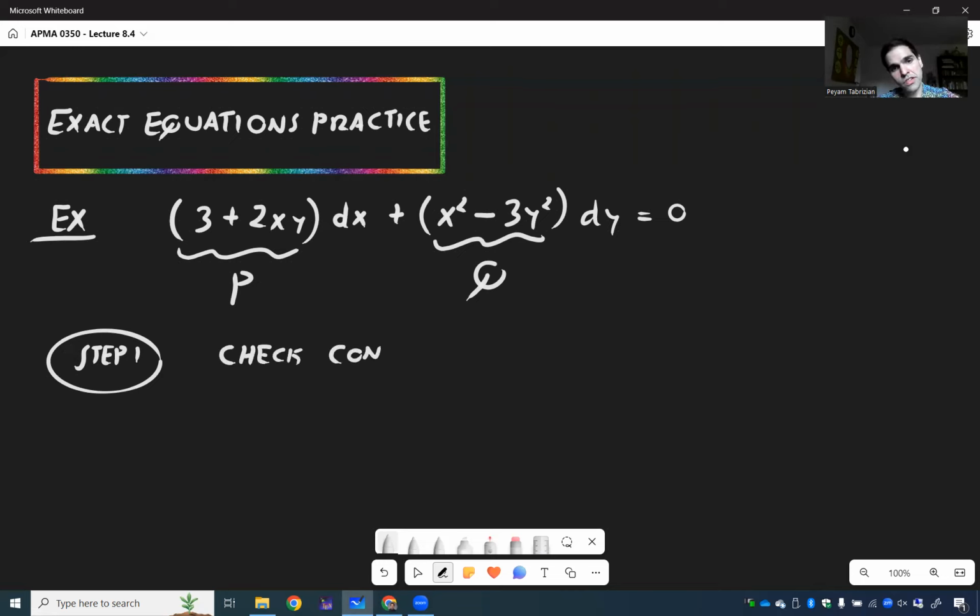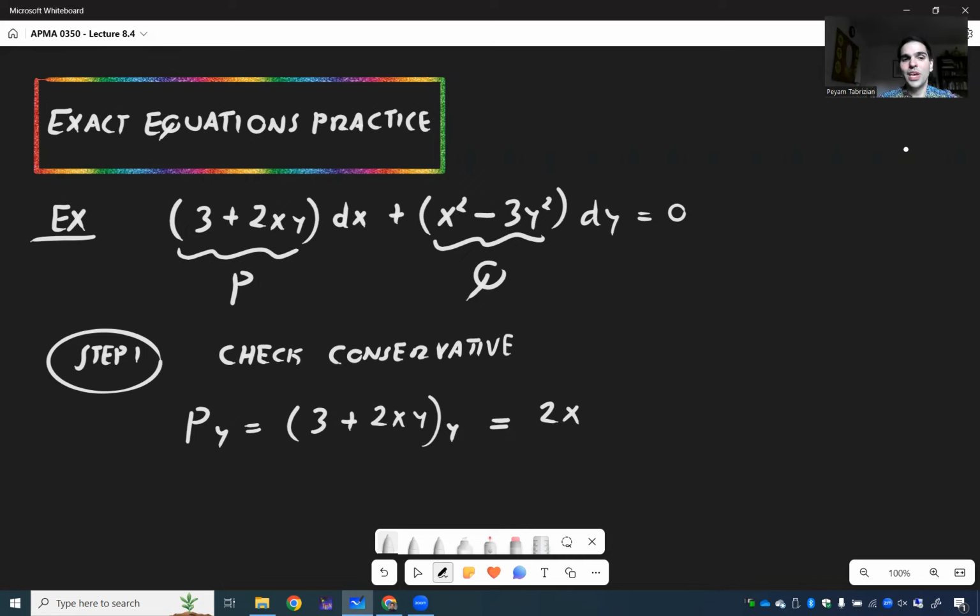So check conservative. The way to do this, as usual, is you check that P_y equals Q_x. So P_y is the derivative of 3 plus 2xy with respect to y, which becomes 2x.